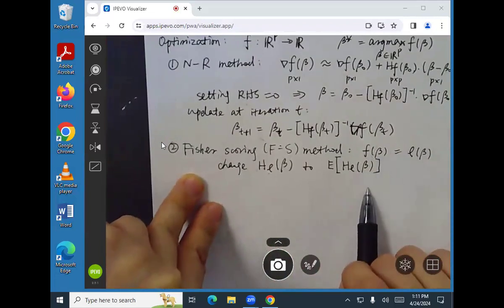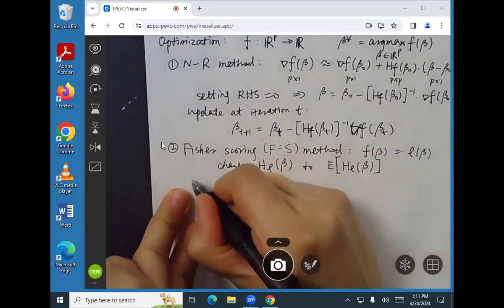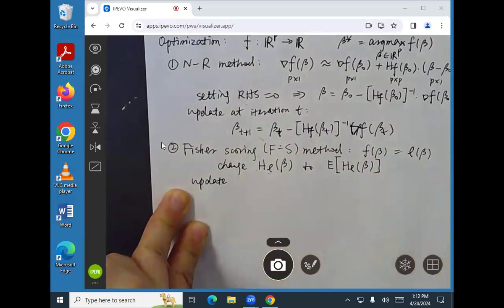Okay, we change it to this, and then the update would become what?